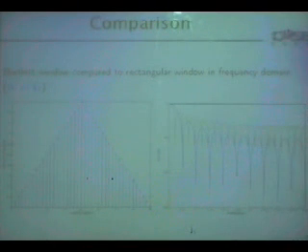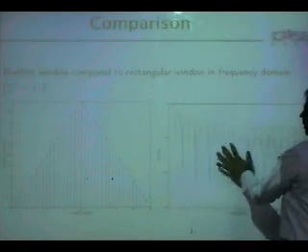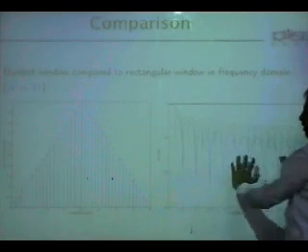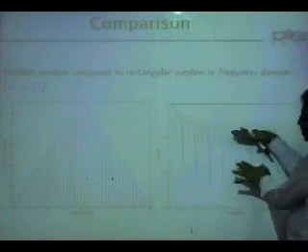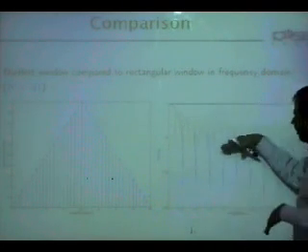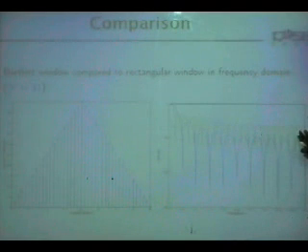So what is the difference? The main lobe is wider, so the triangular window gives you better stop band rejection. As you see, it is more down than the rectangular window side lobes.